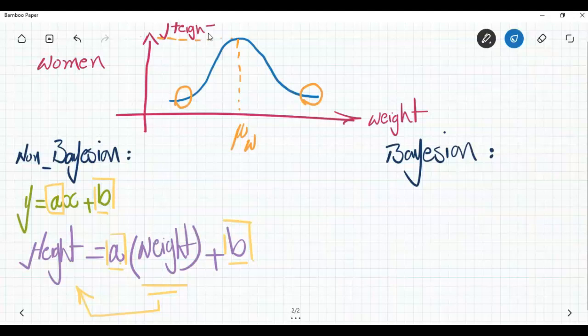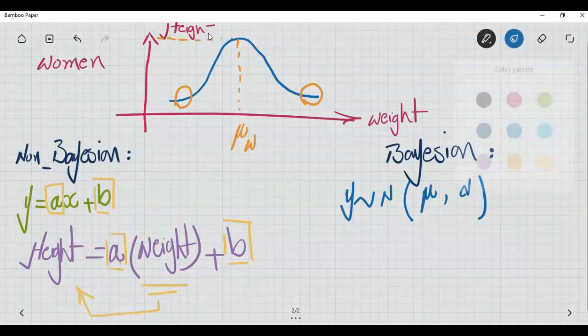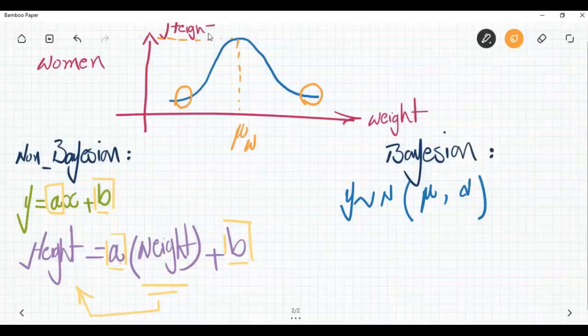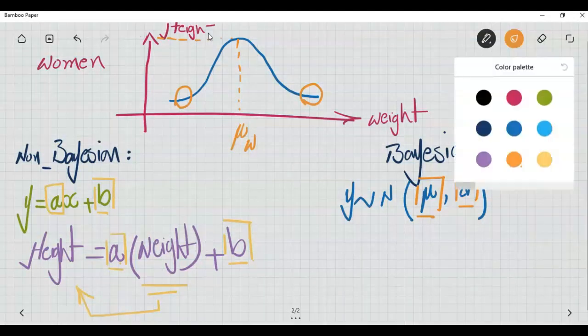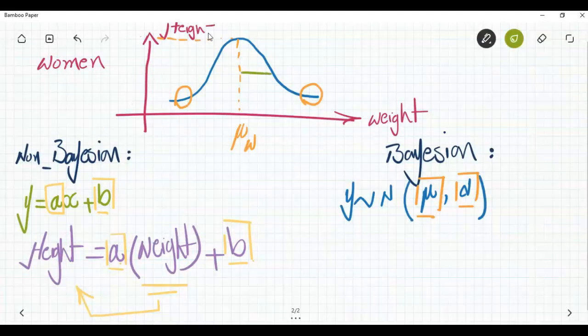Imagine that the variable is now represented as a normal distribution with mu and sigma. Based on the basic statistics we know, mu is the mean and sigma is the standard deviation, which shows how far we are from the mean in any dataset.